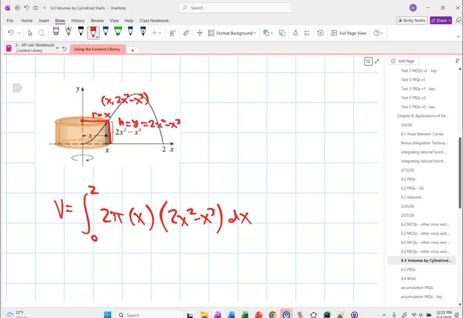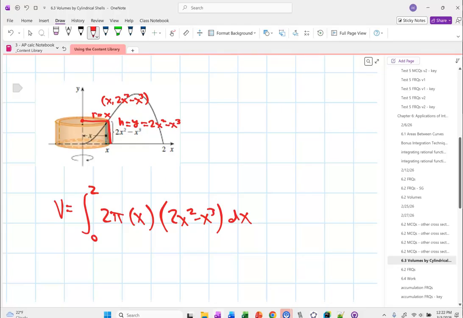Everybody's okay there? Here it's going to be like the opposite. If we are drawing our radius perpendicular to y, it's going to be a dx problem. If it's perpendicular to x, it'd be a dy problem. But you can do this both ways.